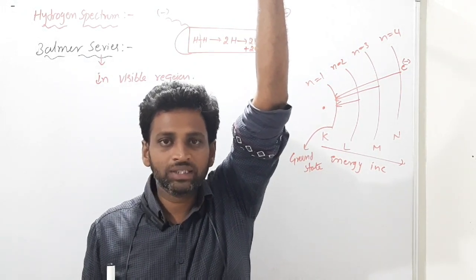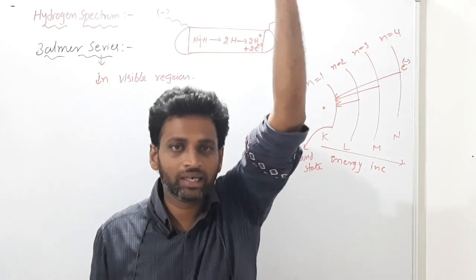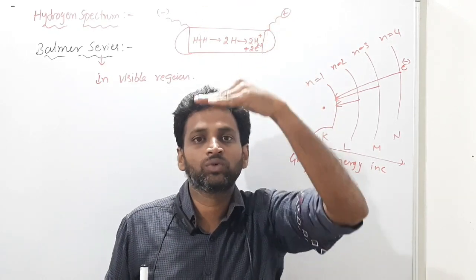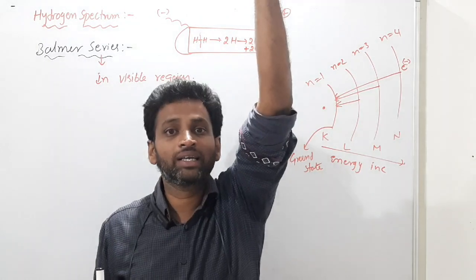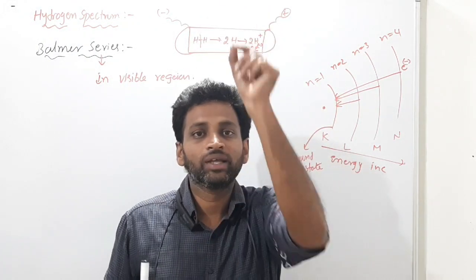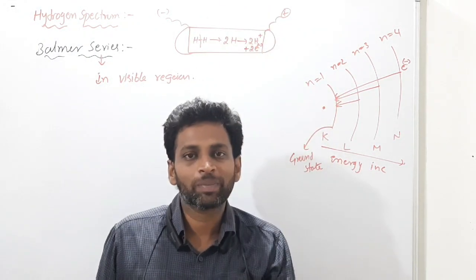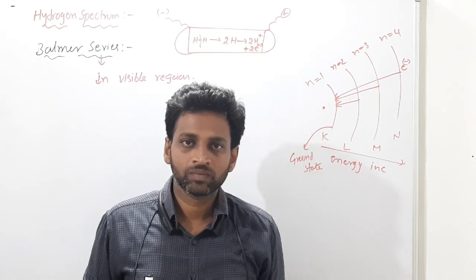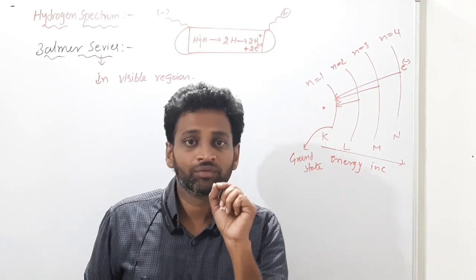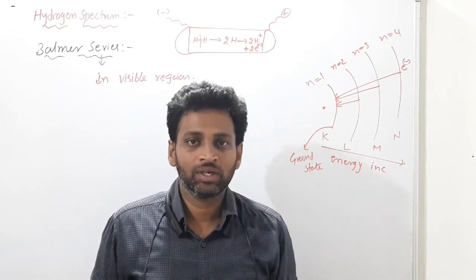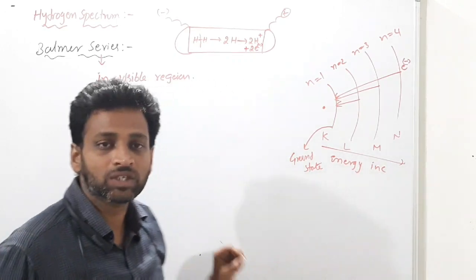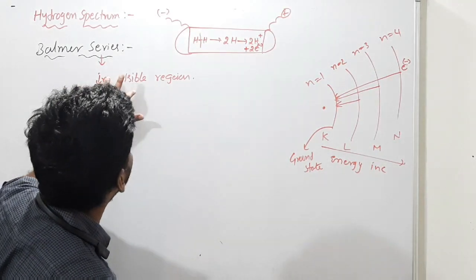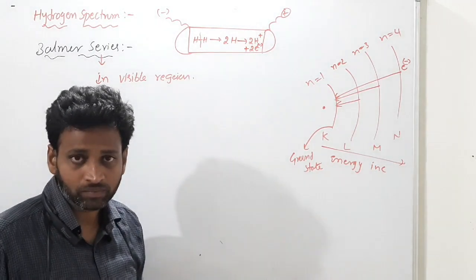If an electron is in a higher level, it won't stay there always; it will come down slowly. While coming down from a higher energy level to the ground level, they form some line spectra, some spectral lines. Those spectral lines were first observed by Balmer in the visible region.